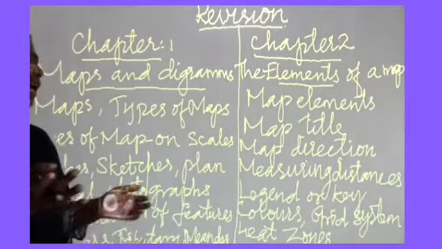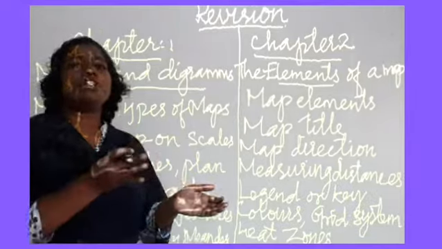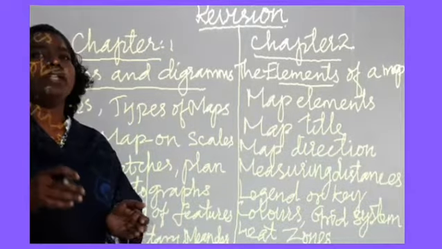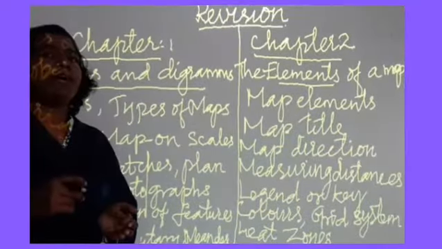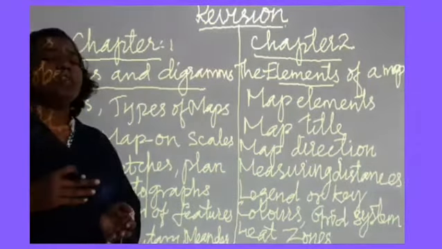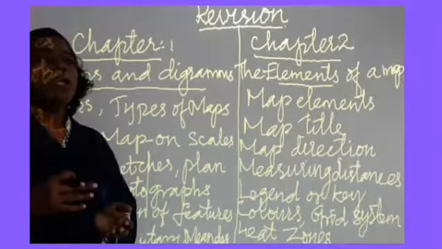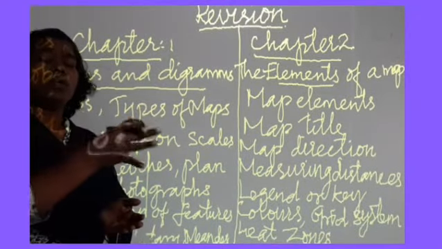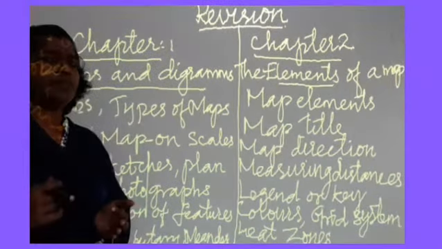And the temperate zone lies above the torrid zone, from 23.5 degree to 66.5 degree, in the northern hemisphere and southern hemisphere.